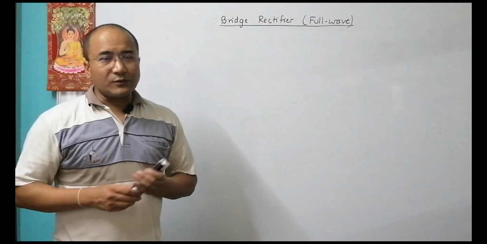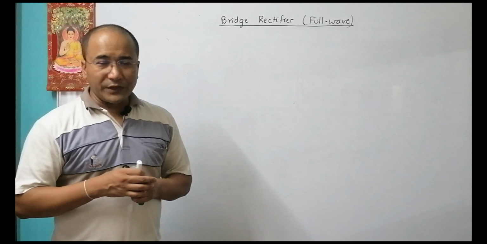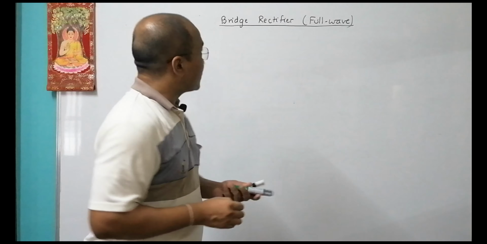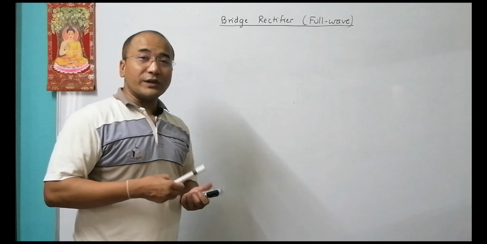Because of that, scientists designed it in a better way, in which the voltage that it can give could be equal to the full voltage given by the secondary. So as the name goes, it has a bridge. The bridge is called the Wheatstone bridge. So this is based on the principle of a Wheatstone bridge, which has got diodes instead of resistors.